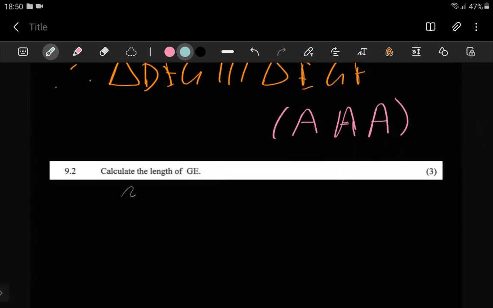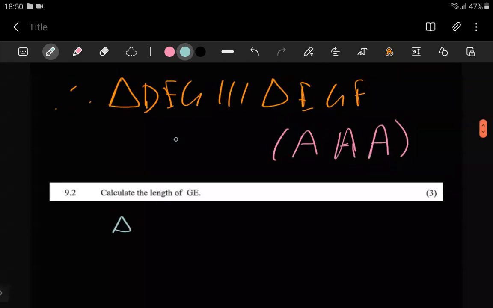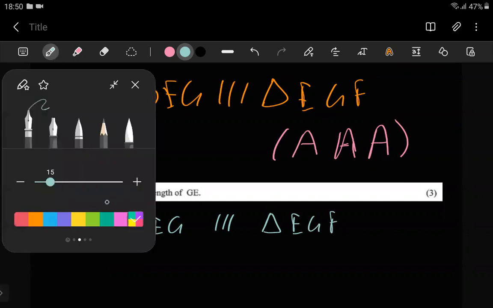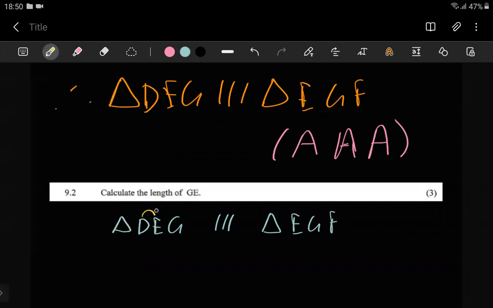So what I mean is, as long as triangle DEG is similar to triangle EGF, what we can write out is DE over EG is equal to EG over GF.